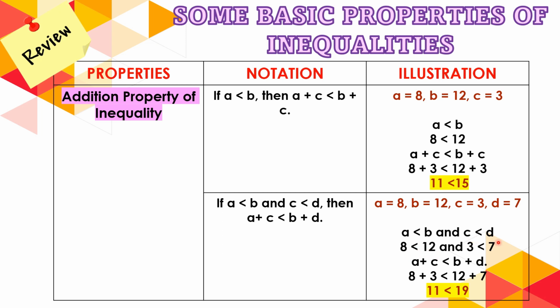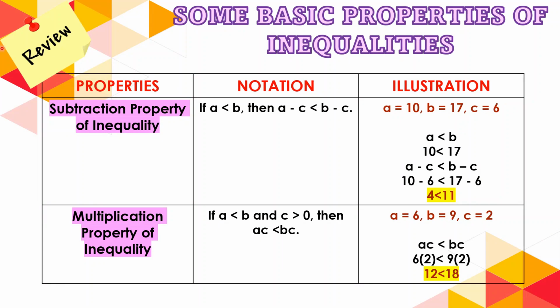C is less than D becomes 3 is less than 7. A plus C is less than B plus D. It becomes 8 plus 3 is less than 12 plus 7. Again, getting the sum on both sides of the inequality, 8 plus 3 is 11, 12 plus 7 is 19. So we can say that 11 is less than 19.